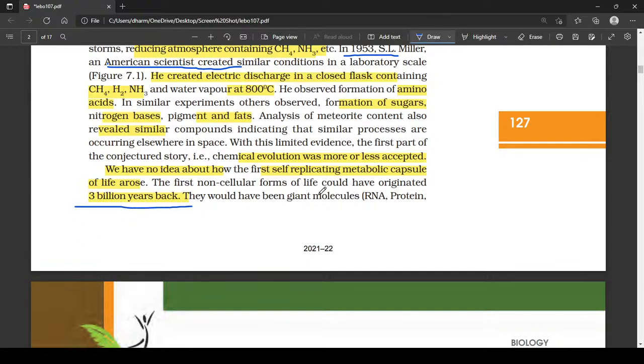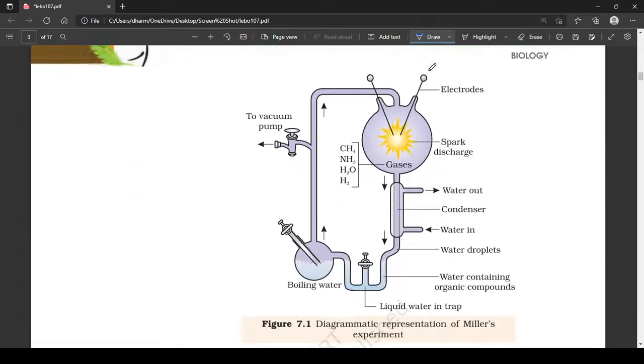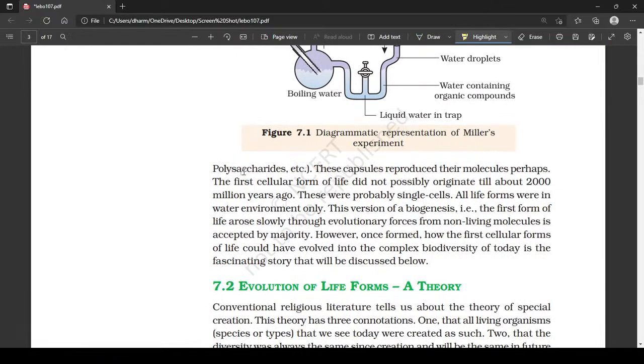That would have been a giant molecule of RNA, DNA, or polysaccharides. These capsules reproduced their molecules perhaps. The first cellular form of life did not possibly originate till 2000 million years ago.